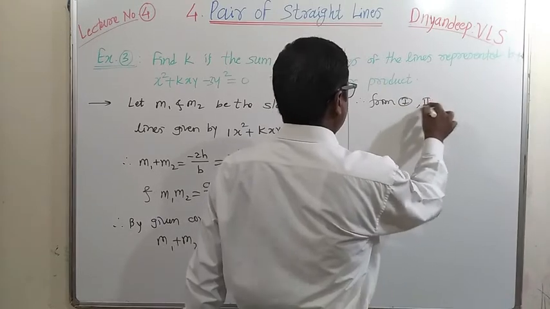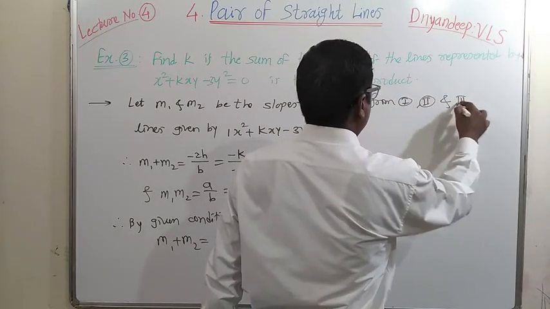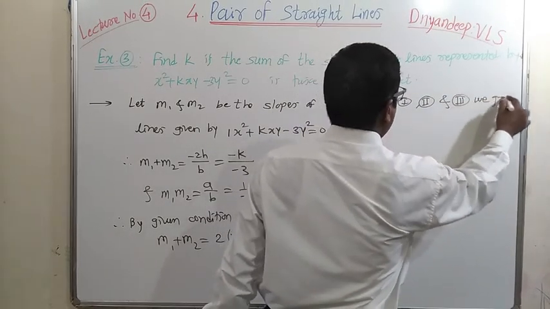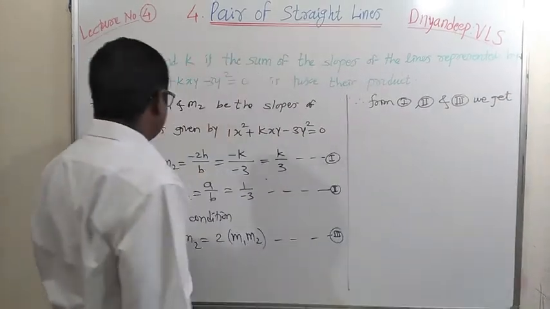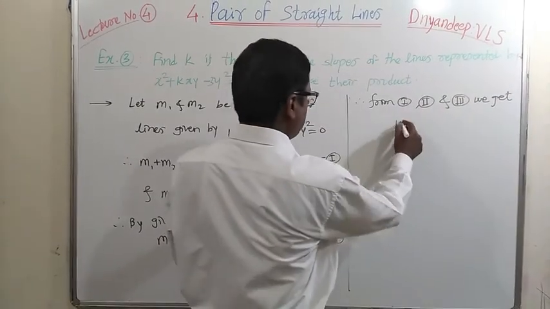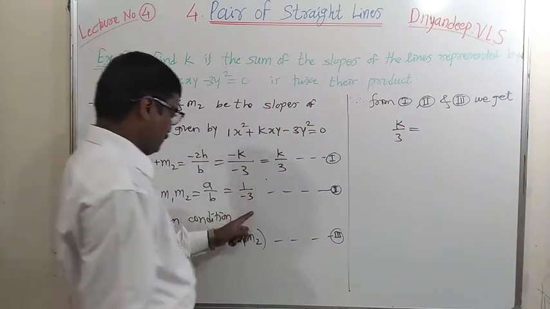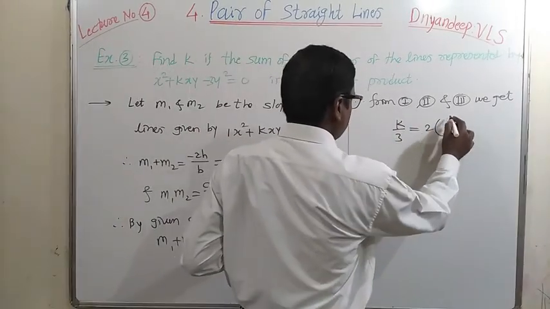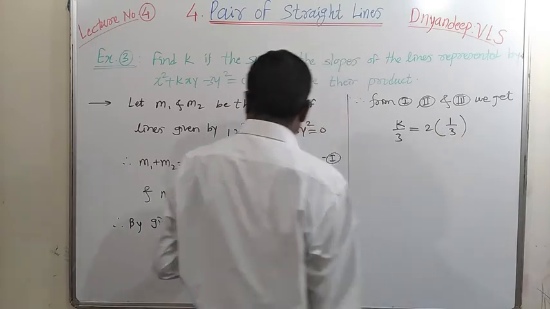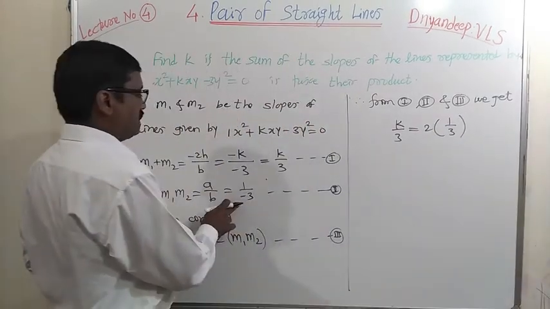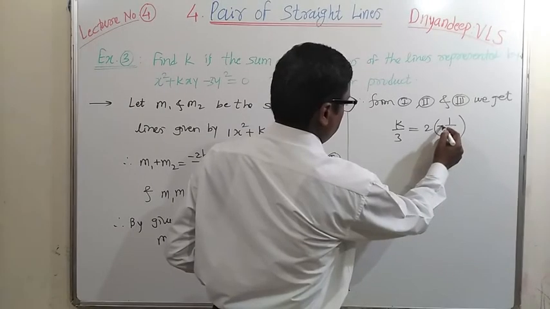m1 plus m2 is k by 3 is equal to 2 times m1 m2 is 1 by 3 into minus 1 by 3.